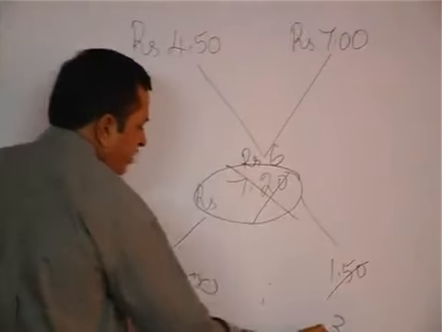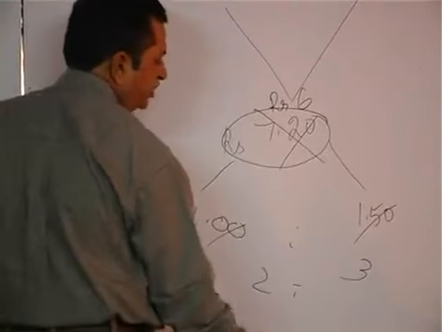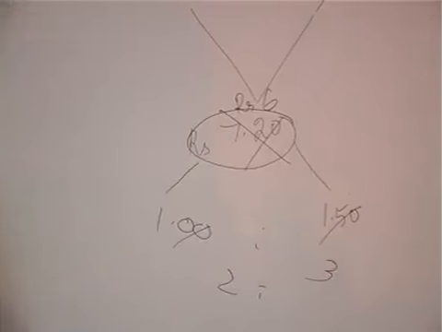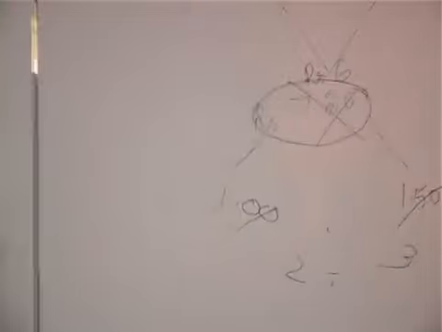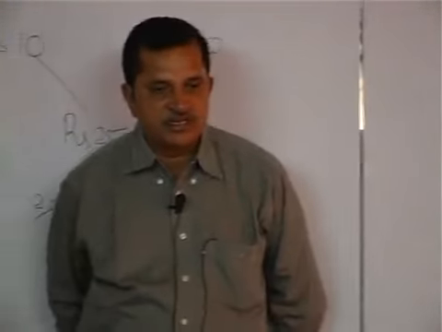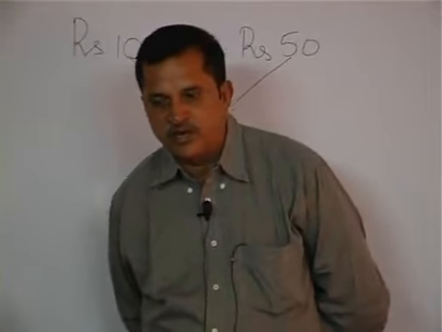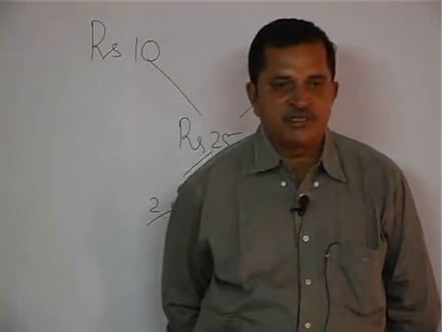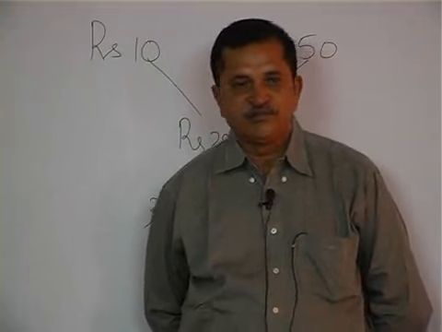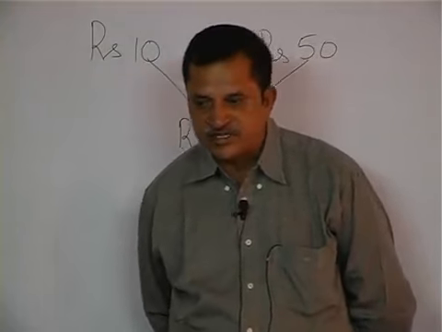So ratio means 2:3. So in what ratio they should mix? They should be mixed in the ratio of 2:3 to gain 20% by selling at rupees 7.20. Clear? Next.